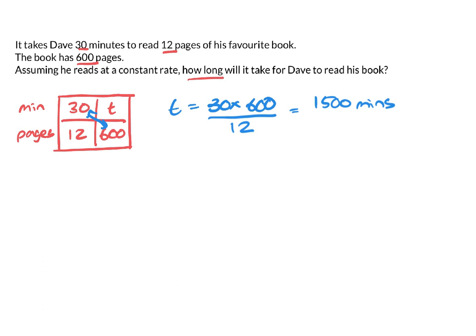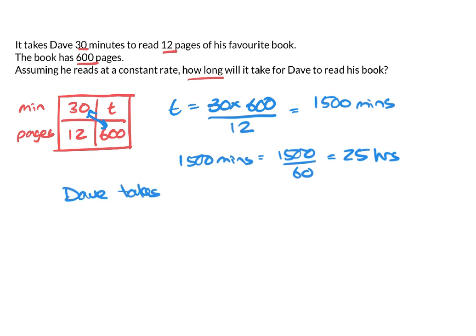We wouldn't normally leave it like that. We would say, well, 1,500 minutes is equal to 1,500 divided by 60, because there are 60 minutes in an hour. And that gives us the answer of 25 hours. So put a sentence, say Dave takes 25 hours to read his book. Hopefully not all in one go.